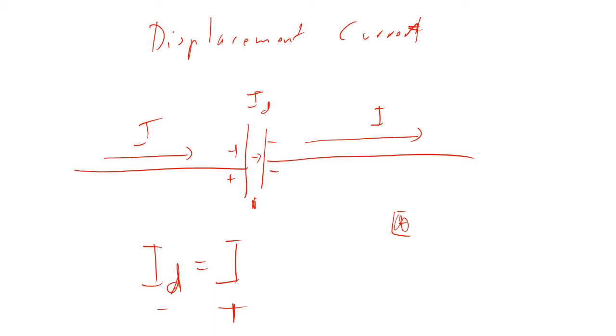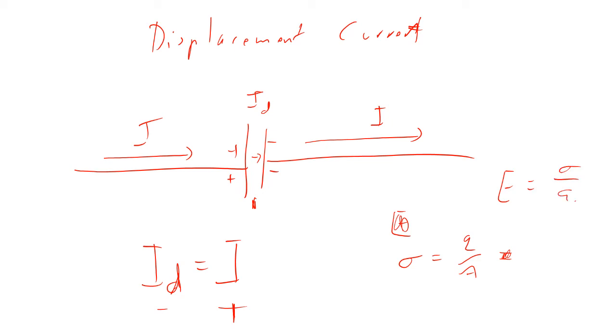Well, the field in there also means that we've got a flux. So let's think about it. The charge on the plates, what's the charge on the plate going to be? Well, we know that sigma, that's going to be Q over A, is related to the electric field.